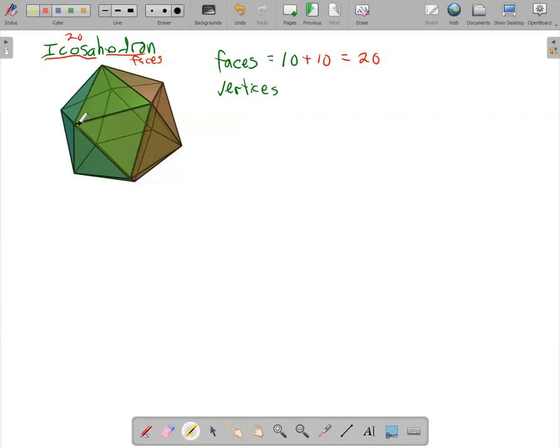All right, so facing out toward us, we have 1, 2, 3, 4, 5, 6, 7, 8. And I guess we can see this one down here, 9. So far, visible vertices, we seem to have 9.